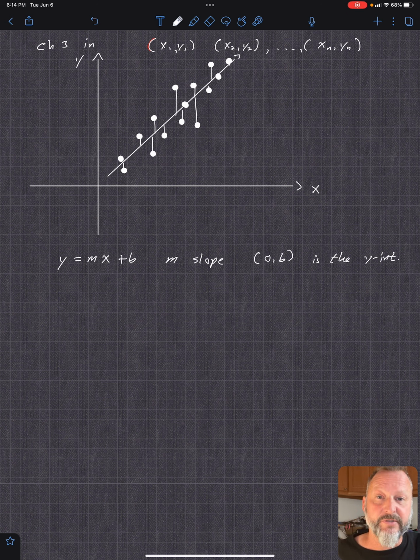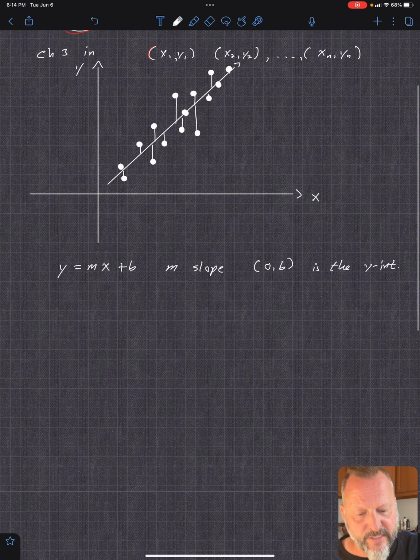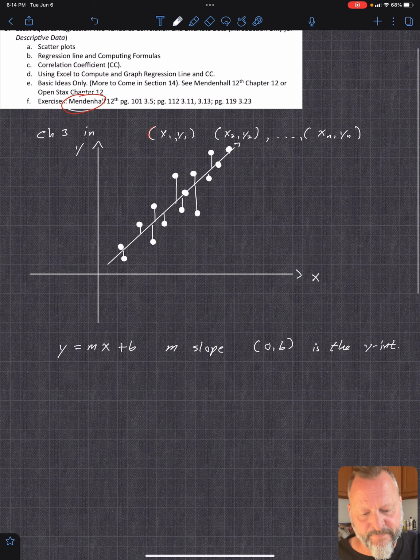So you want to be able to use Excel. You can also get what's called the correlation coefficient on your calculator and other packages. So I'll ask you to do something on that. But that's the regression analysis concept. So that's a scatter plot that you can just literally plot.